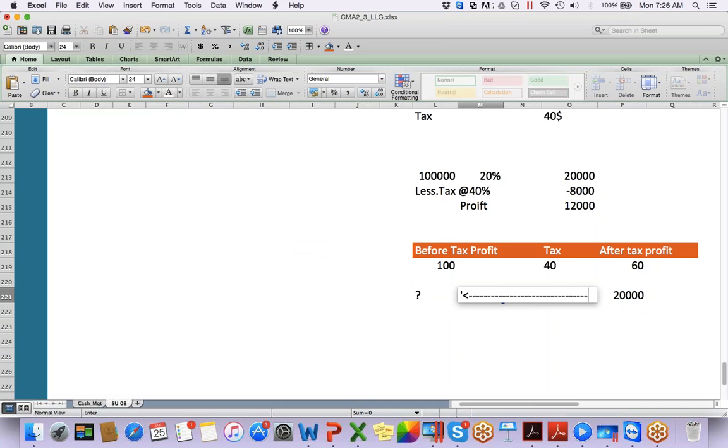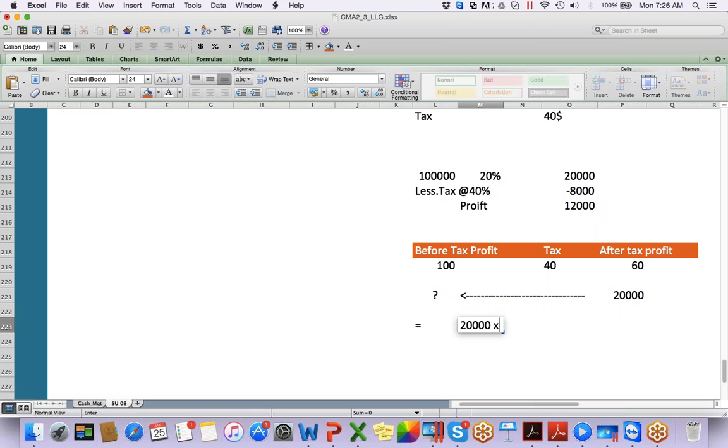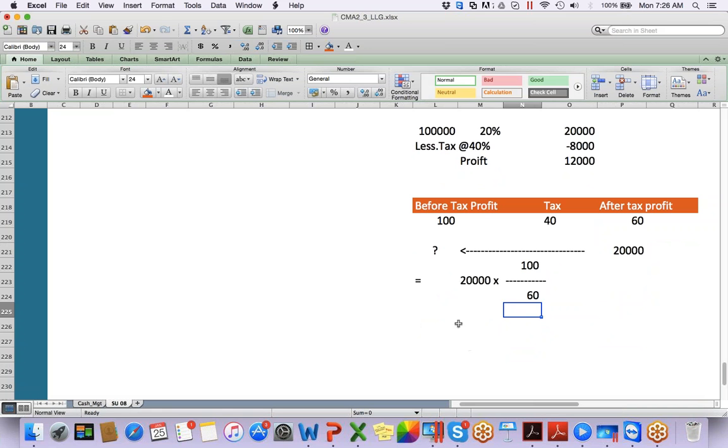This is the calculation. I want after tax profit of 20,000. How much should I earn here? Now this equals 20,000 times 100 divided by 60. Can I write like this? 20,000 divided by 60 over 100.